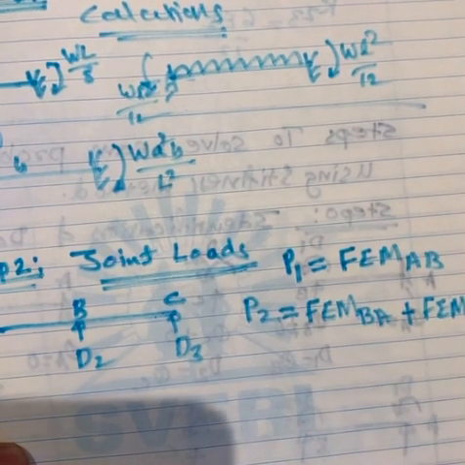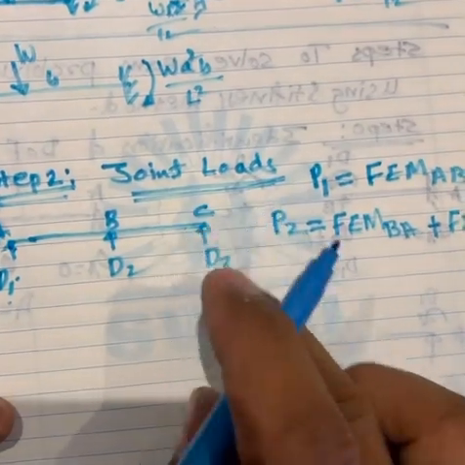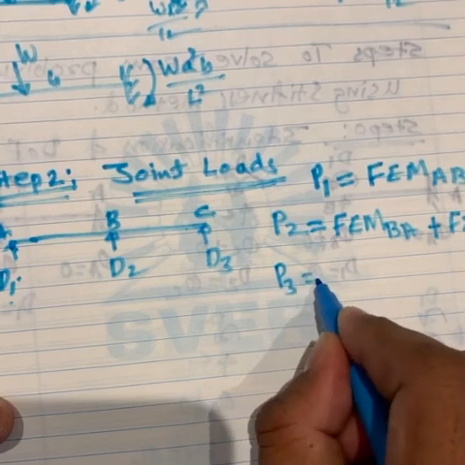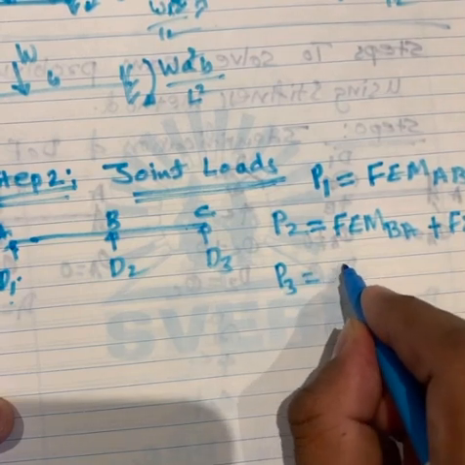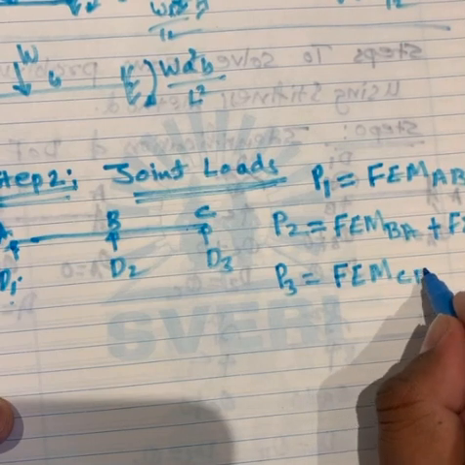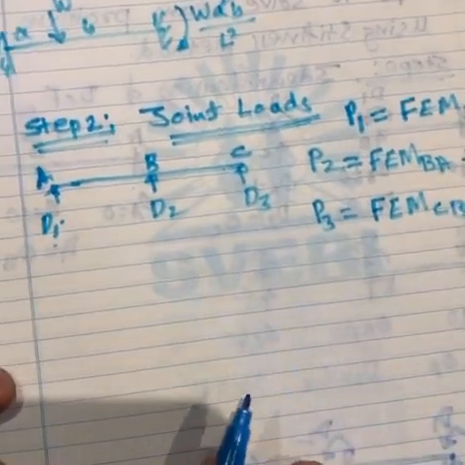Similarly, what will be P3? Related to this point, P3 will be equal to PM CB. So that's how we calculate the joint loads.